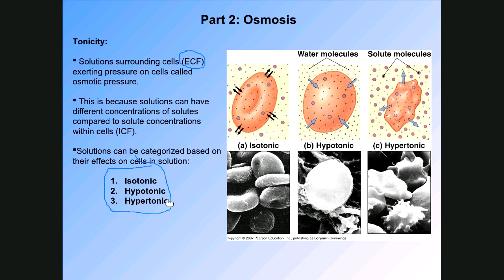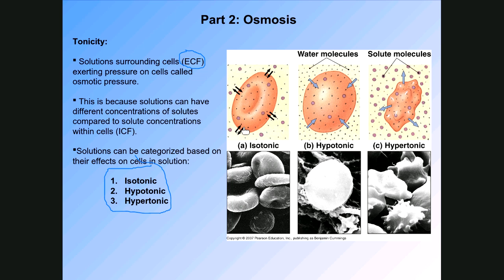So in the lab, the solution that's placed in the beaker is your ECF. And then depending on whether it causes the dialysis bag to gain excess water, or to lose excess water, or to not gain or lose excess water, in other words, it maintains the ideal water balance, whereas the dialysis bag may gain too much water or lose too much water, where in this case there isn't water balance, we've lost it.